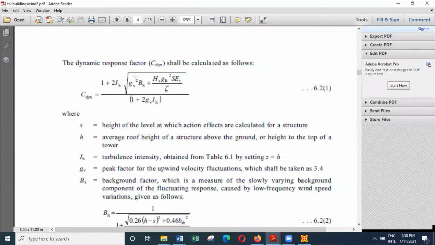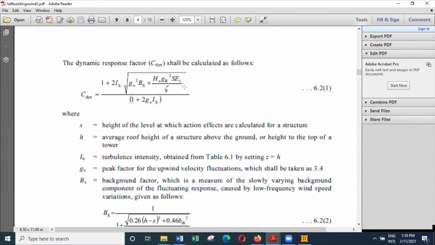The second component is, considering that the building is not rigid, it is flexible. Because the building is flexible, it is going to move with the wind, and with that we are going to generate some kind of dynamic response.